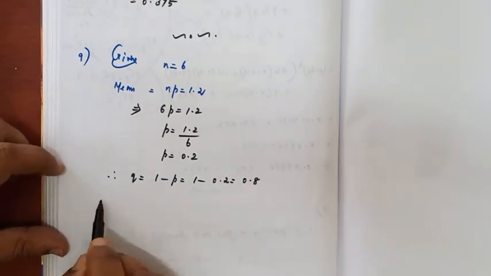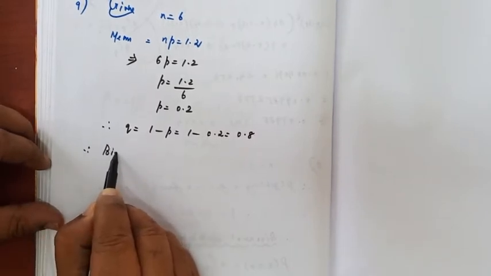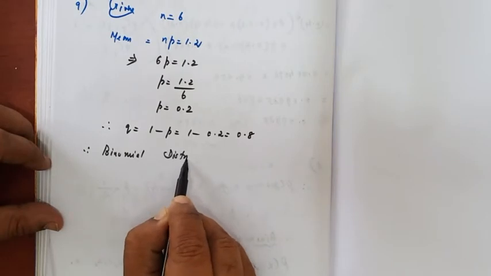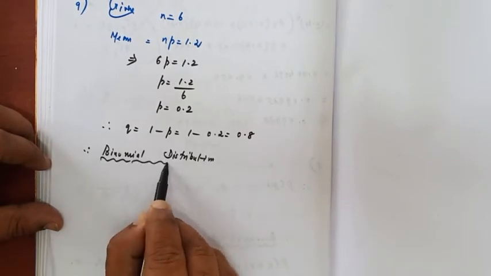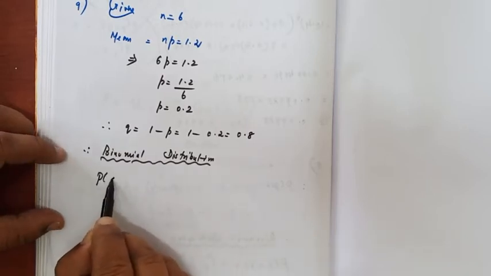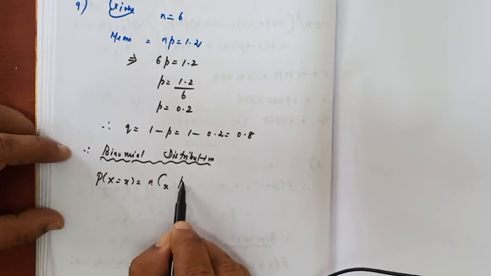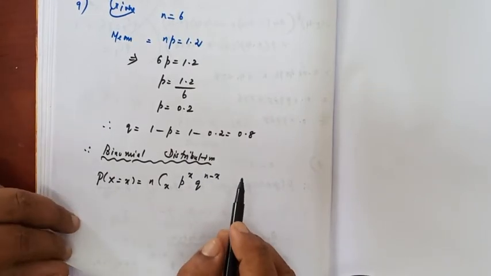Now write the formula for binomial distribution. Probability of X equal to x is equal to nCx p power x, q power n minus x.